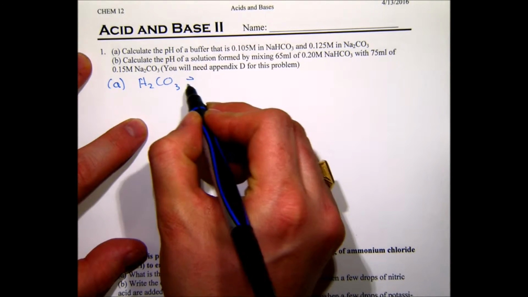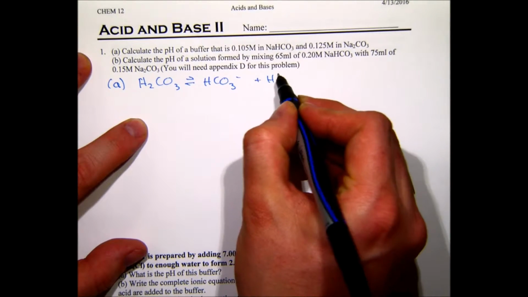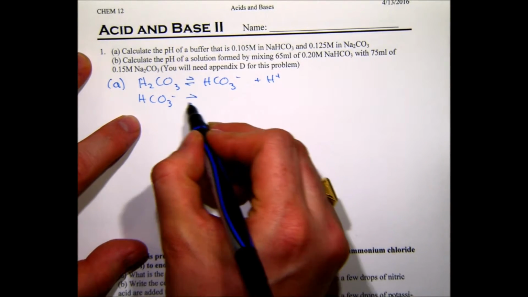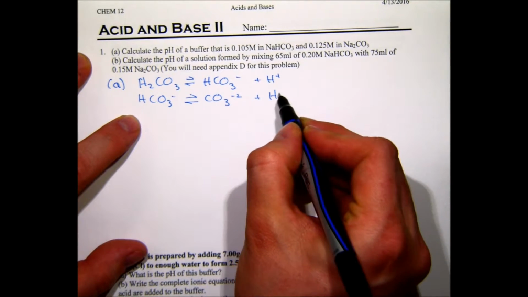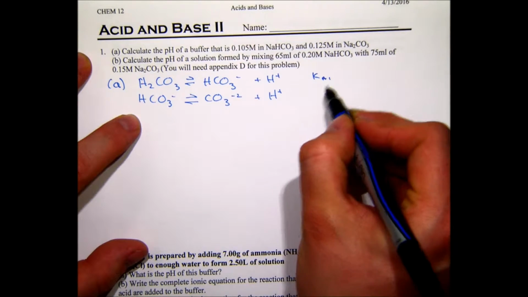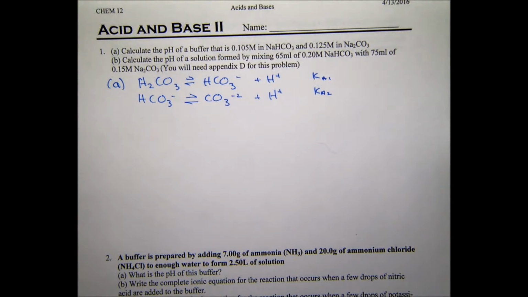So carbonic acid, H2CO3, will dissociate into HCO3 minus plus H plus, and HCO3 minus dissociating into carbonate and H plus. And this represents Ka1 and this represents Ka2. So now what we do is we try and identify what is present.